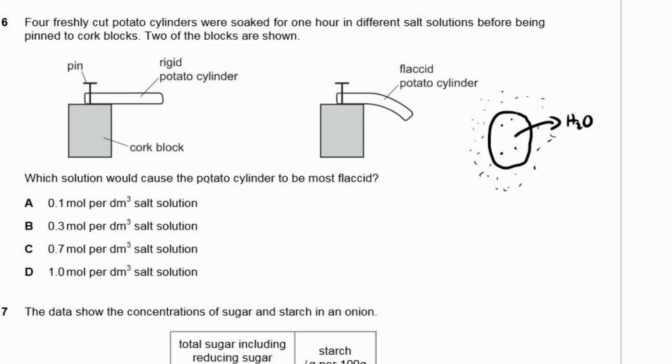So which solution would cause a potato cylinder to be the most flaccid? It would be the solution that would be the most concentrated. Okay, and so that 0.1 mole per decimeter cubed, 0.3 moles per decimeter cubed, 0.7 moles per decimeter cubed, or 1 mole per decimeter cubed, it would be D. The most concentrated solution would mean the most water would be lost to the solution.